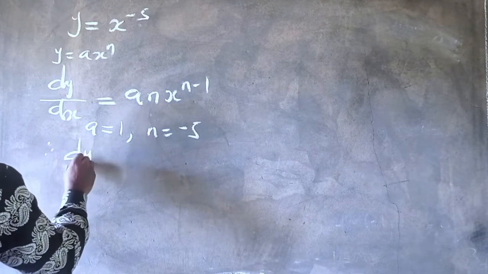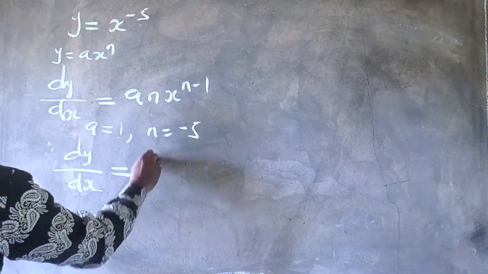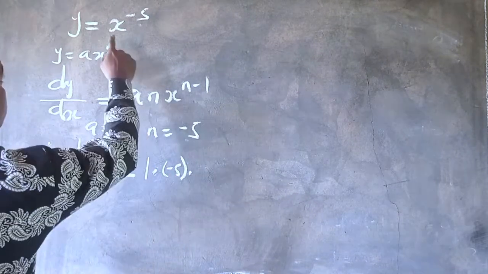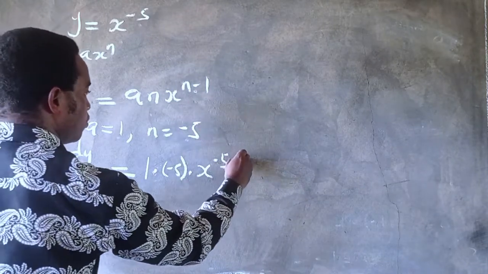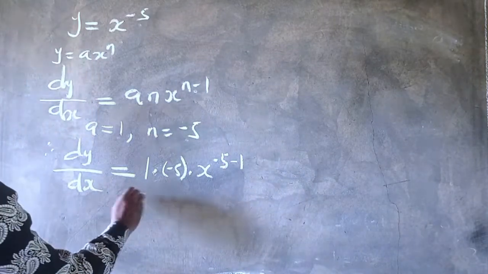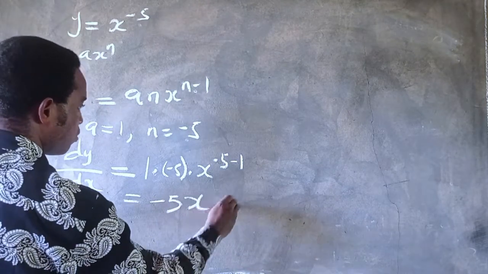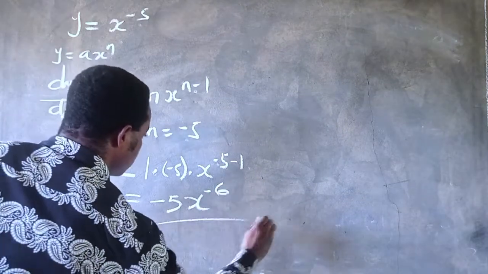So therefore, the differential of y with respect to x, the derivative, is 1 multiplied by negative 5 and multiplied by x raised to power negative 5 minus 1. That is going to be minus 5x raised to power minus 6. Just like that.